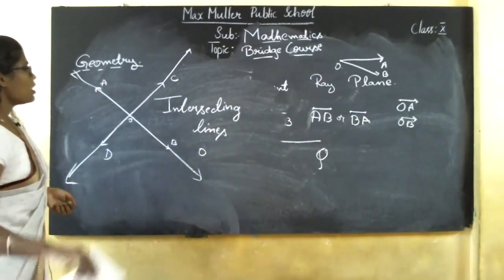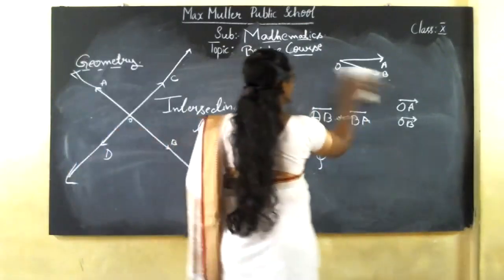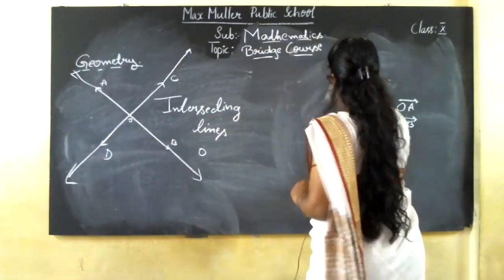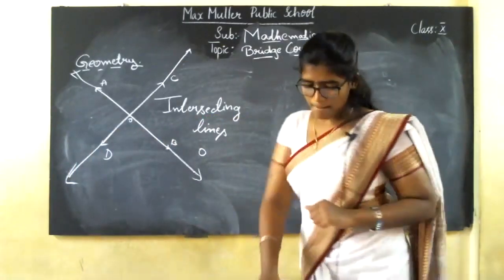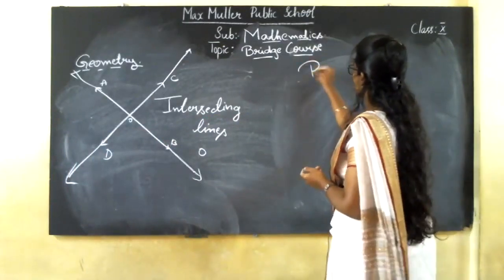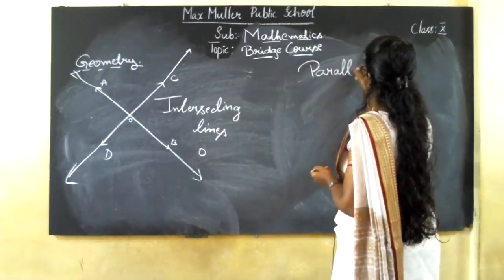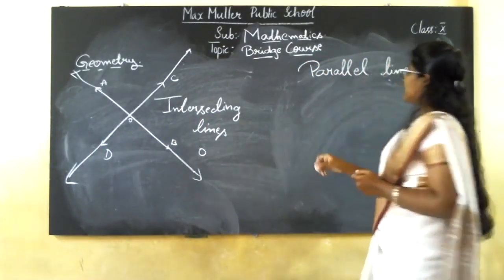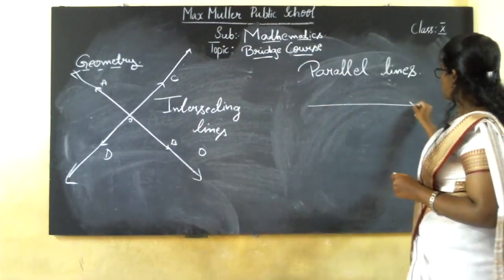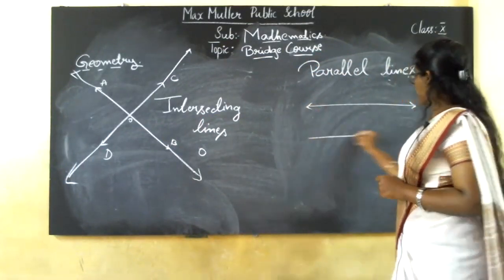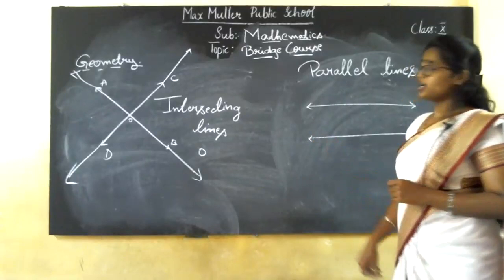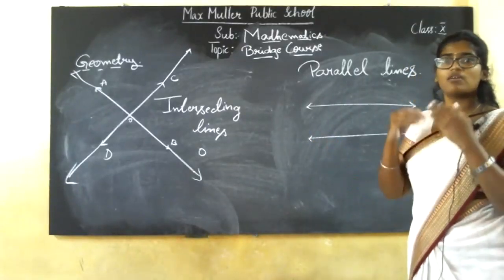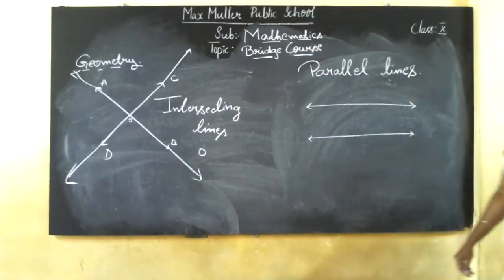Clear? Then you have parallel lines. Even this is not a line segment, it is a parallel line. What is this parallel line? You draw two lines such that they never meet anywhere.